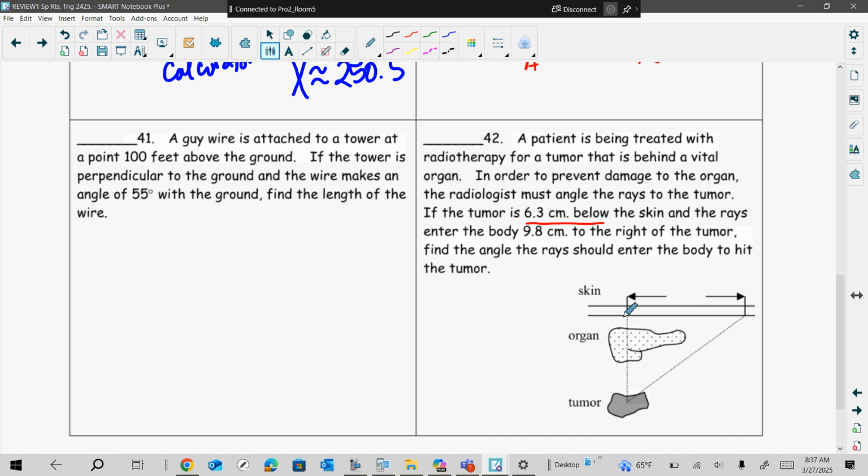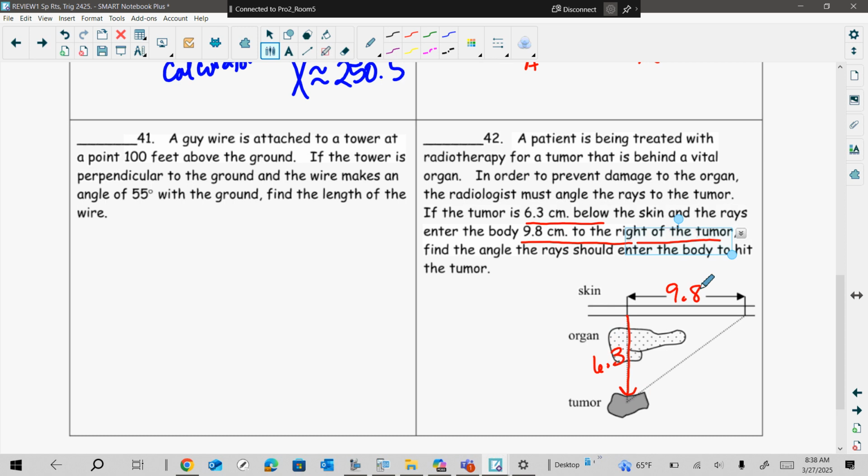So this is your skin. If I go below, this is where the 6.3 is. It's this vertical distance. And then it says the ray enters the body 9.8 centimeters to the right of the tumor. Okay. So to the right of the tumor, that's the 9.8 here.